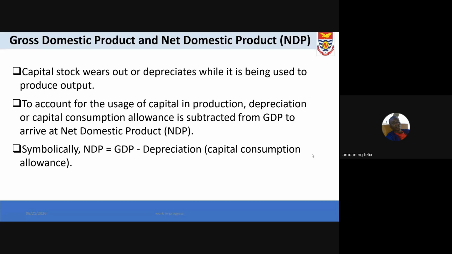And what we are saying is that when we take the capital depreciation from our GDP, it should give us net instead of gross. You know that GDP is gross domestic product.